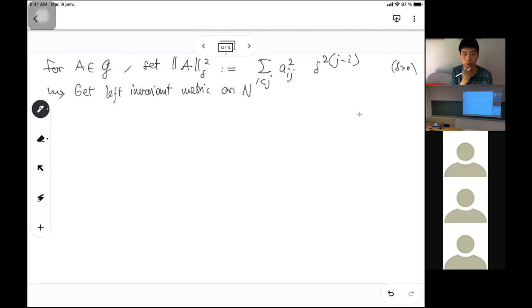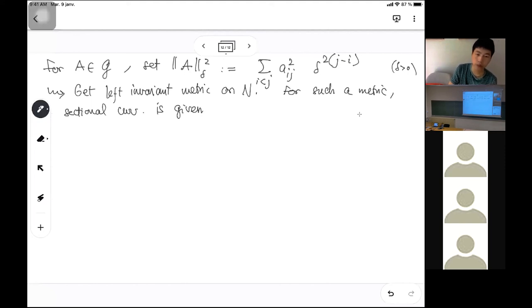Automatically. So for such a metric, it is known by computation that the sectional curvature is determined by the Lie bracket.